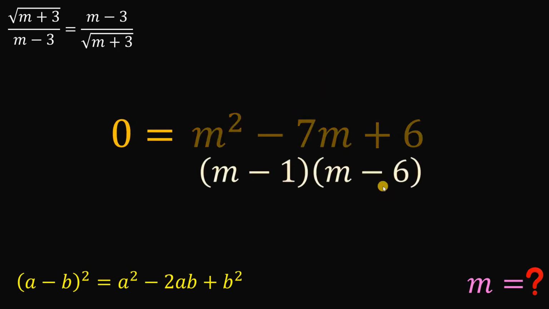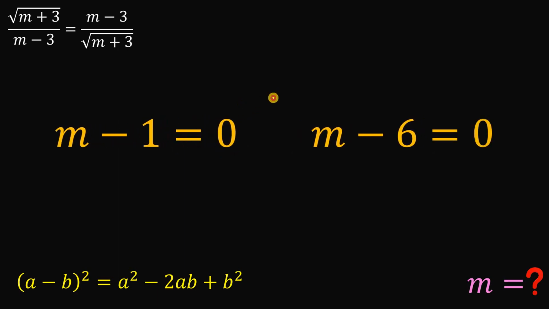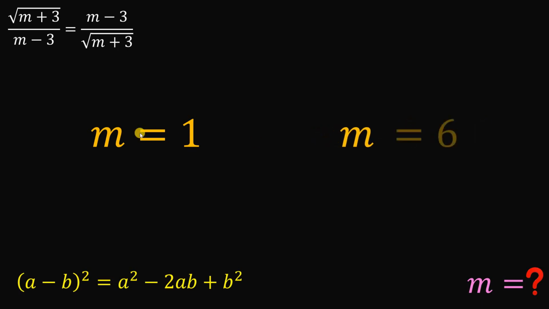Let's replace this with its factored form. Since it is equal to 0, we can use the zero property. So we have m minus 1 equals 0 or m minus 6 equals 0. In the first case, m equals 1, and in the second case, m equals 6.